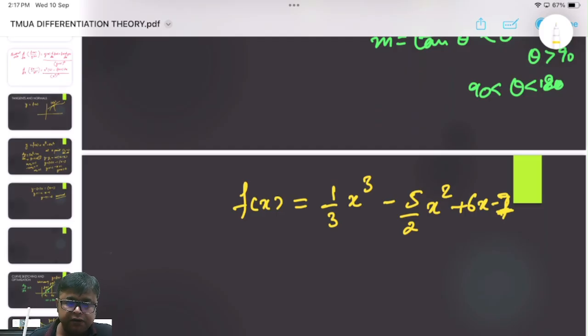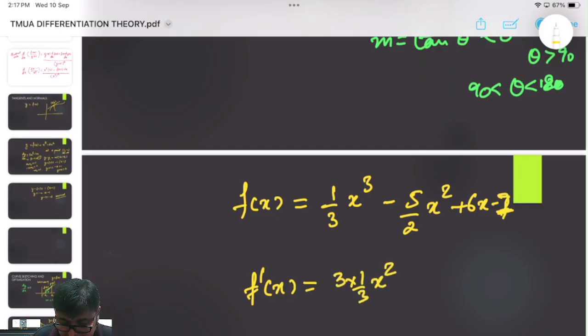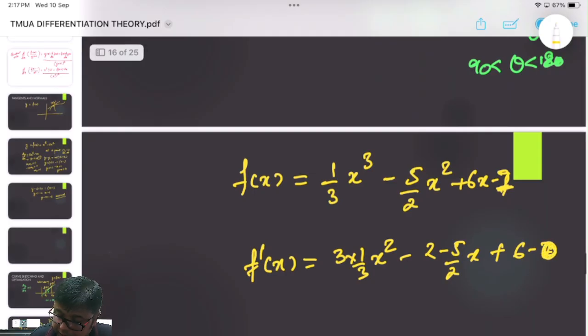Now, in the first chapter, I have covered quadratic inequality with you. So if you feel any gap while I am doing this, you should refer to that video. I'll just find f dash x, and this gives me 3 into 1 by 3 x square minus 2 into 5 by 2 x plus 6 minus 0, my bad.